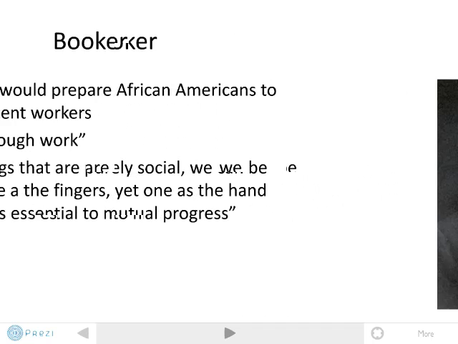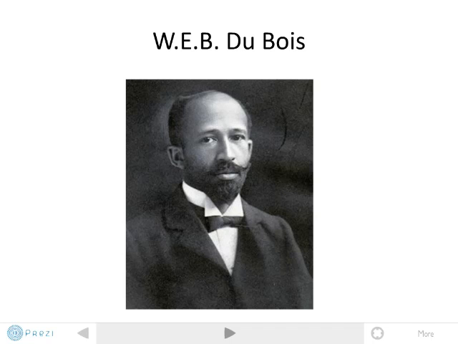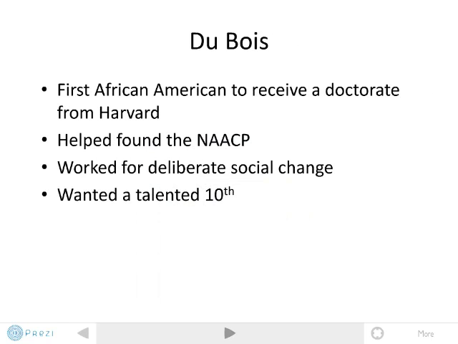Now, of course, one of the opposites of him would be W.E.B. Du Bois. W.E.B. Du Bois, one of the first African Americans from Harvard with a Ph.D., said that African Americans should get educated, but that they should be socially equal no matter what. But here's one of the big things I like about W.E.B. Du Bois.